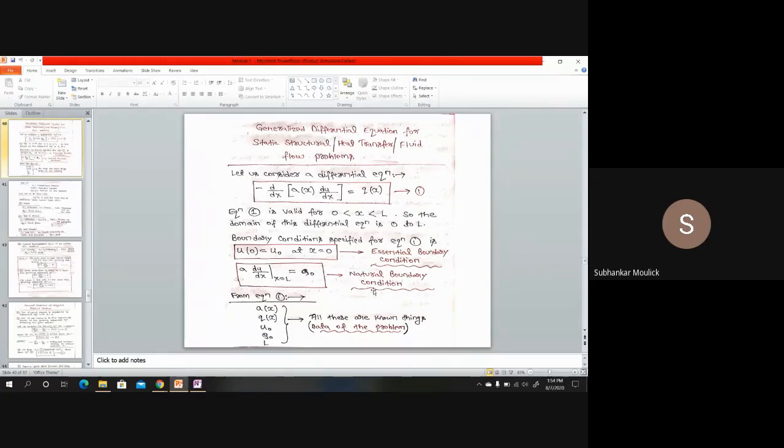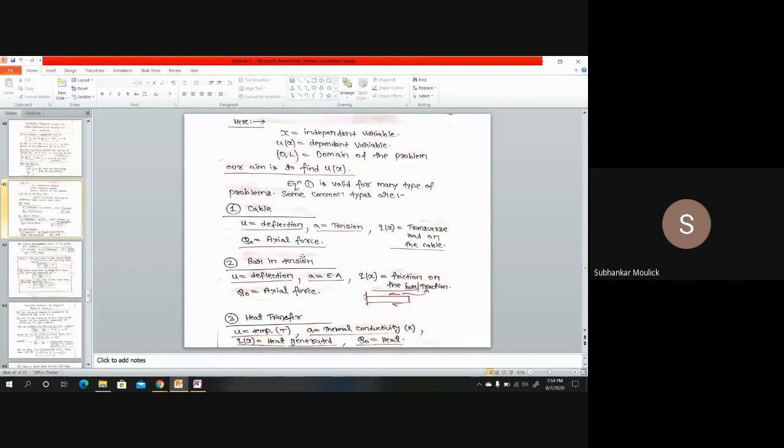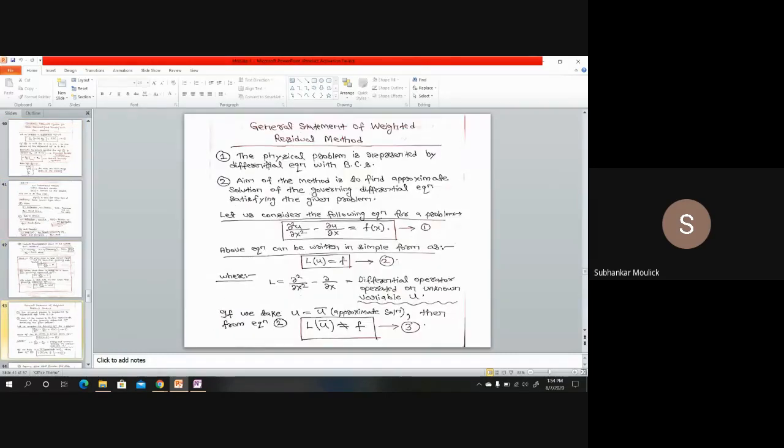This condition may not be given to you, not an issue, but you have to give this boundary condition. That is the essential boundary condition. If it is given in the problem, well and good. If it is not given in the problem, you have to see the problem, and accordingly you have to frame your essential boundary condition. This is the first step of the weighted residual method.